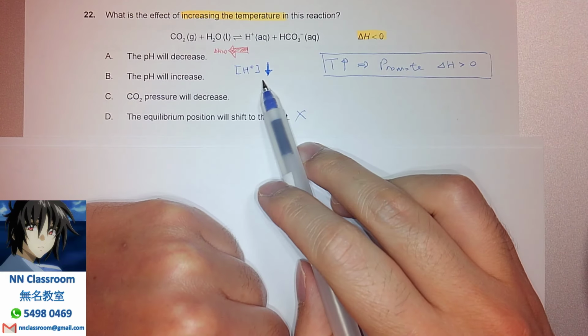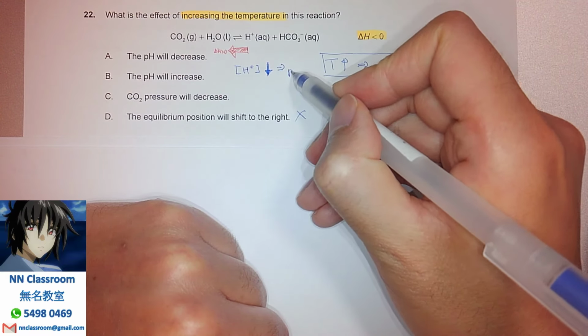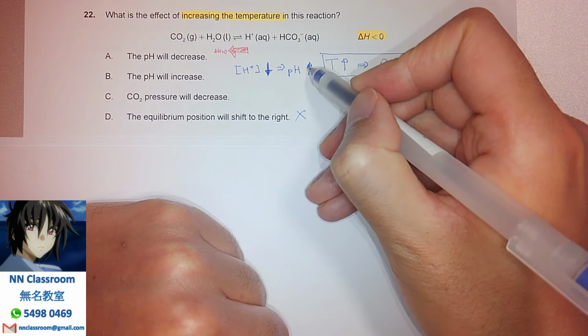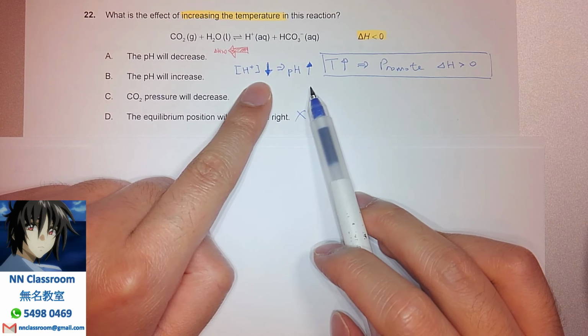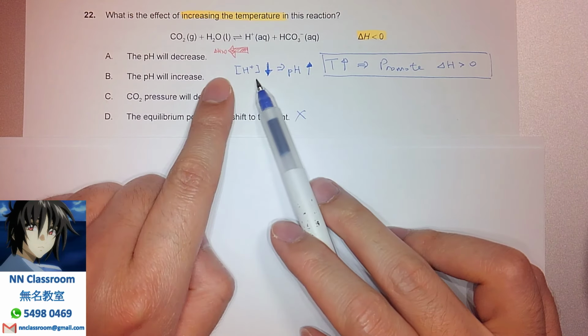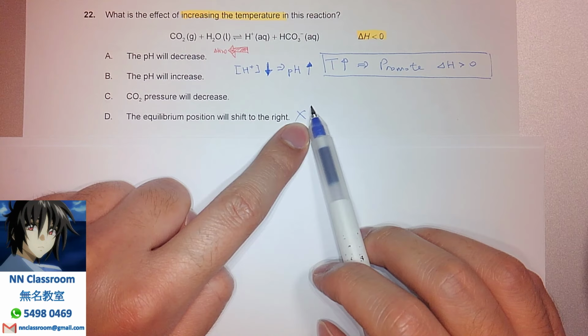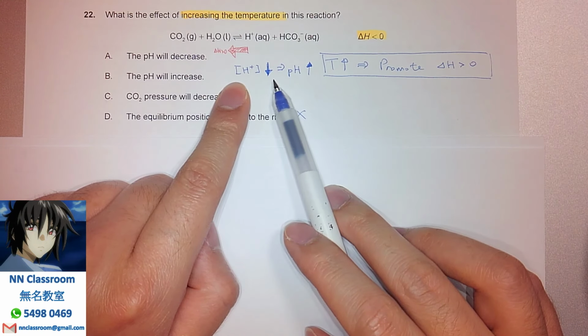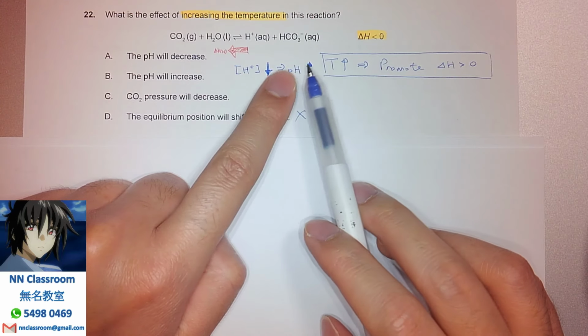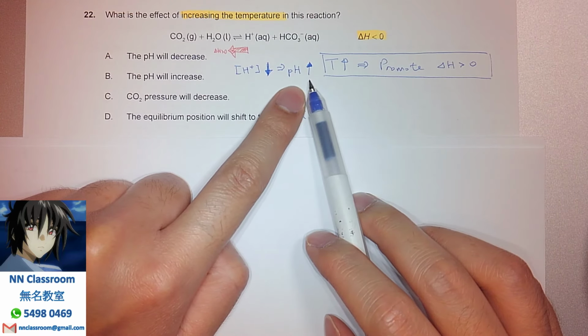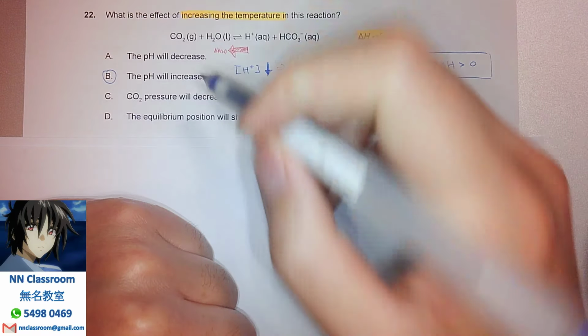When the concentration of proton decreases, remember, if we take the negative log, the pH will increase. Yeah, a really tricky part. A lot of people wrongly think that lower concentration means lower pH. This is really easy to think, but that is wrong. Remember, when the proton is getting less, the pH is going to increase. So the answer obviously goes to B.